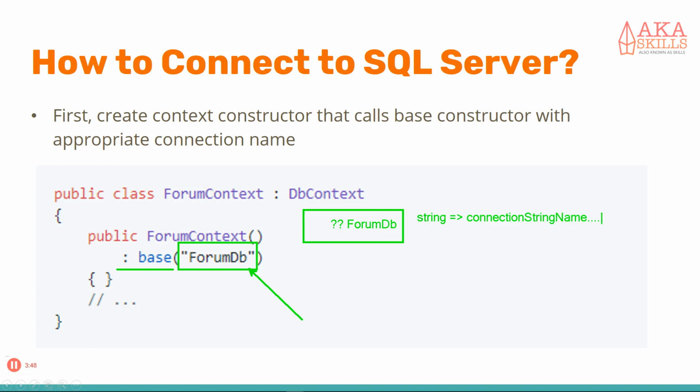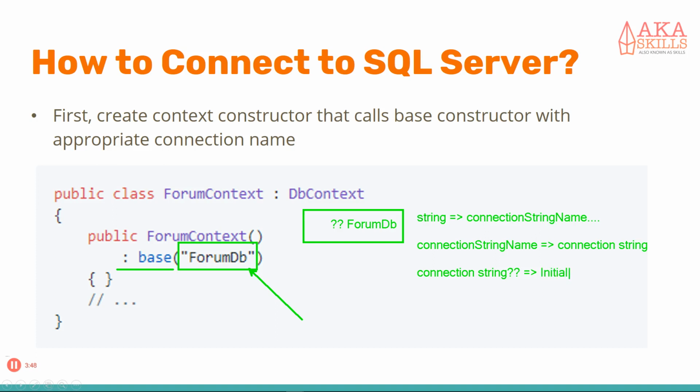And what's the connection string name? Well, the connection string name is a unique definition for our connection string. And now what's the connection string? Here we're setting our credentials and database details. Basically, that's usually in app.config or appsettings.json. So what do you actually have in the connection string?